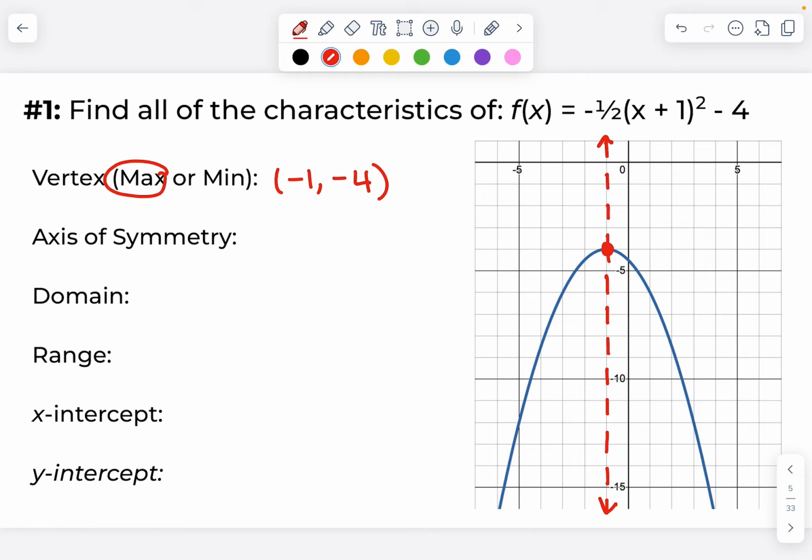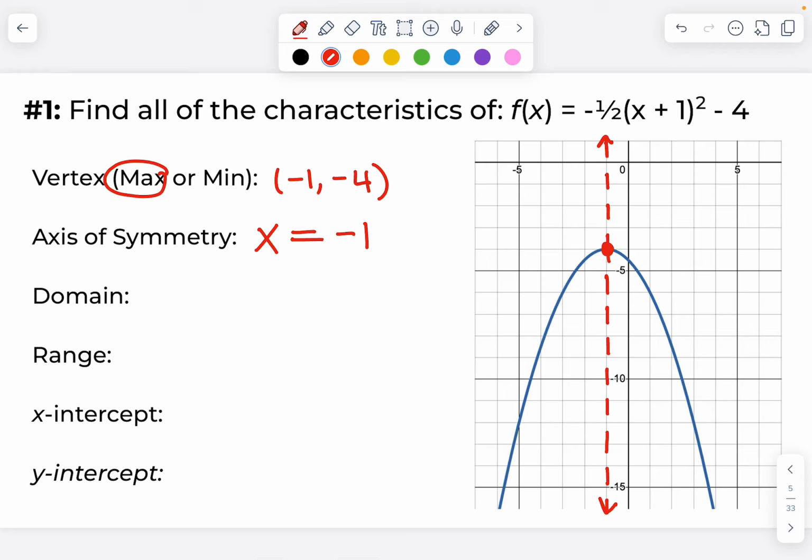So your axis of symmetry, we're going to write it as a vertical line. Like all vertical lines, we write it as x equals, and it's the x value of the vertex, because it's going through the x value of the vertex. That's what it is by definition doing. So x equals the x value of the vertex will always be how you write the axis of symmetry.